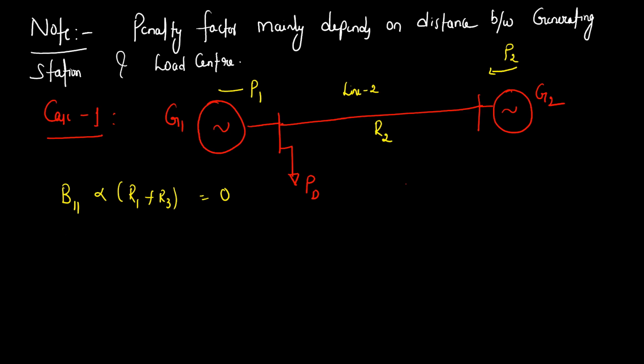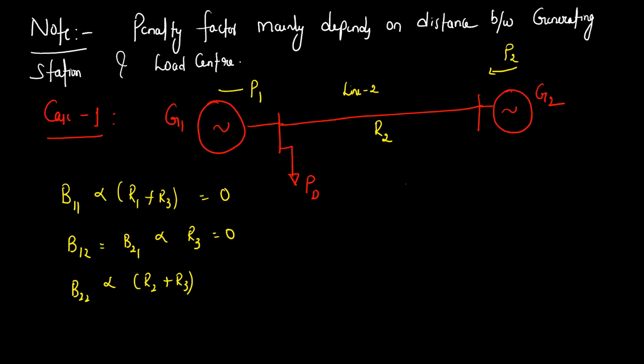Okay. Now what is B12? B12, that is B21, is directly proportional to R3. Here R3 is also 0. There is no R3. Now, what is B22? B22 is directly proportional to R2 plus R3.